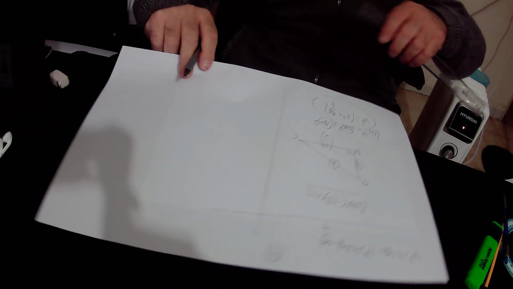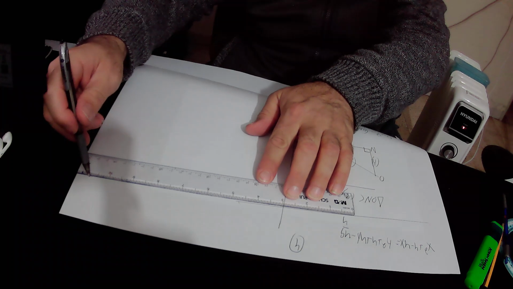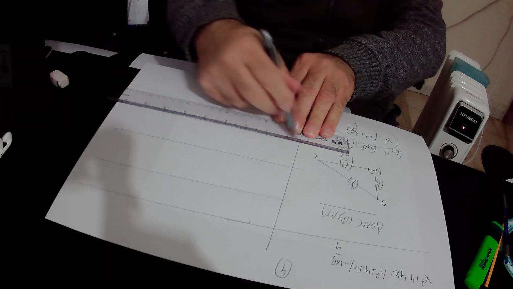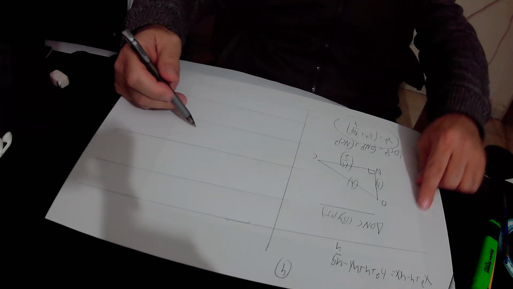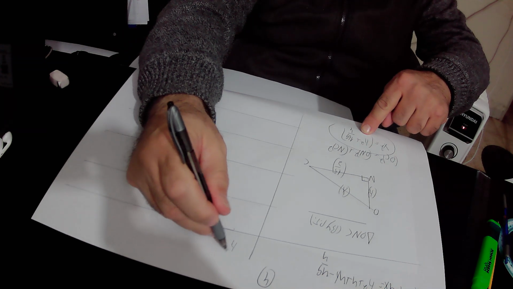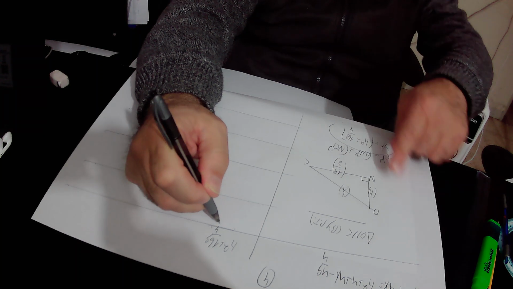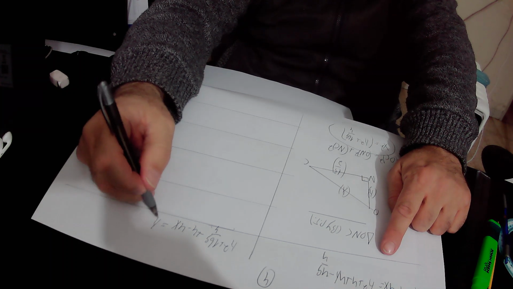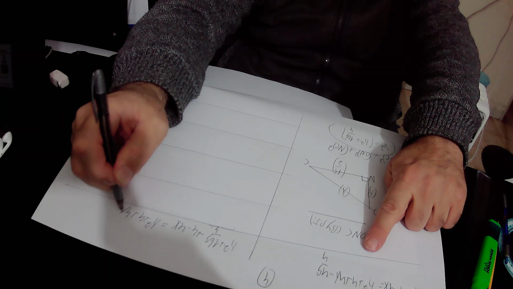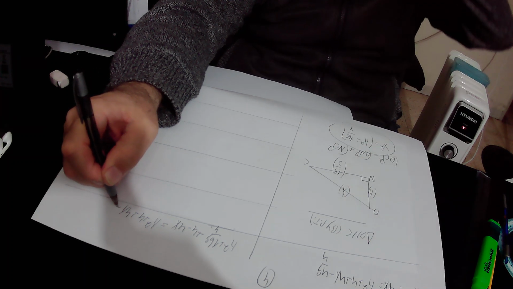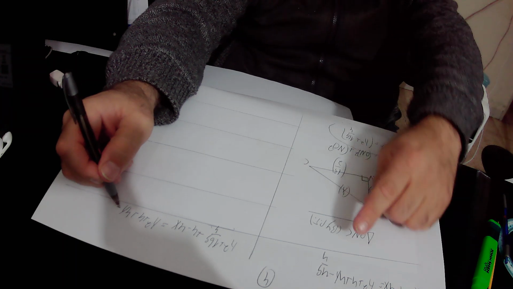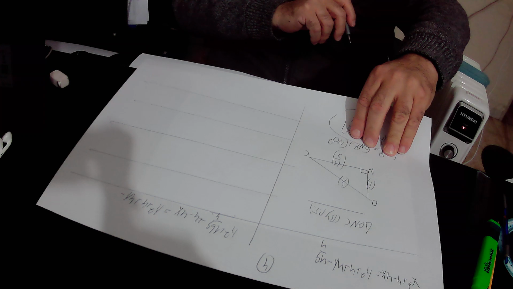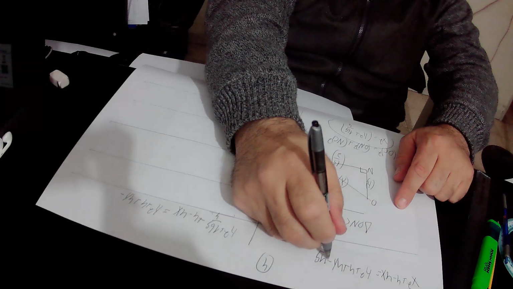We do it now and we get: h squared plus 169 over 4 plus 4 minus 4x equals h squared plus 4 plus 4h plus 49 over 4.